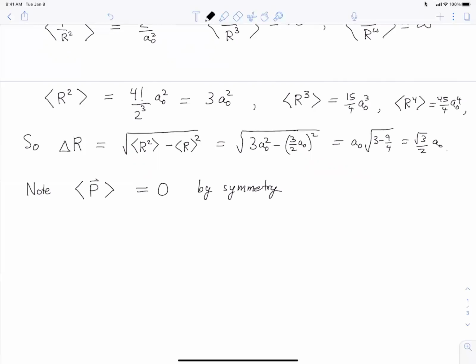The reason for that is, if it's a vector, it has to point in some direction. But the ground state of hydrogen is spherically symmetric. There's no particular special direction that it could possibly point in. And so it's forced to vanish.